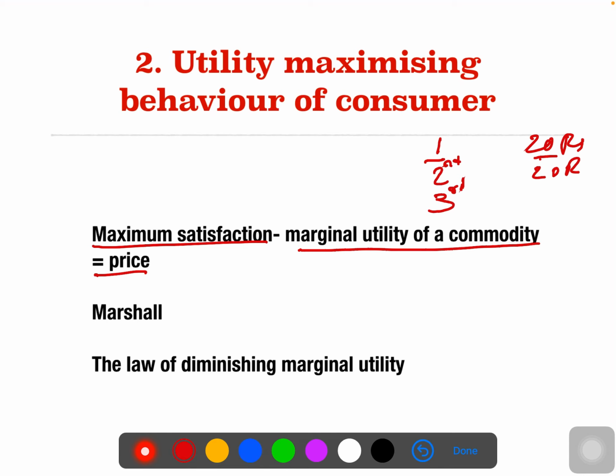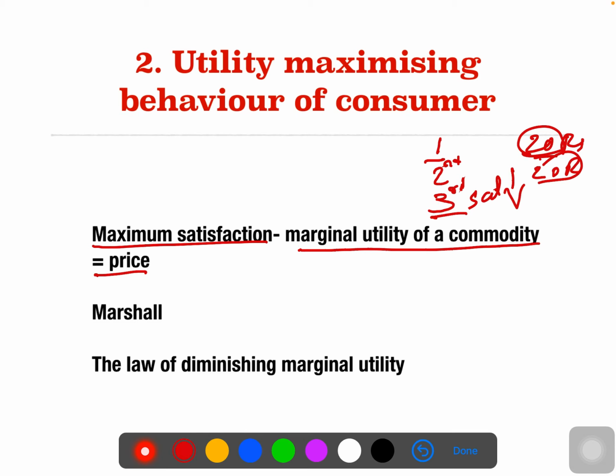After 5 pieces, do you think you will get the same satisfaction as you got by consuming the first one? Definitely not. The first one I found very nice, the second one also I felt very nice, but the third one, it's a sweet, you cannot continuously have the same sweet. So the satisfaction started decreasing from the third unit of sweet.